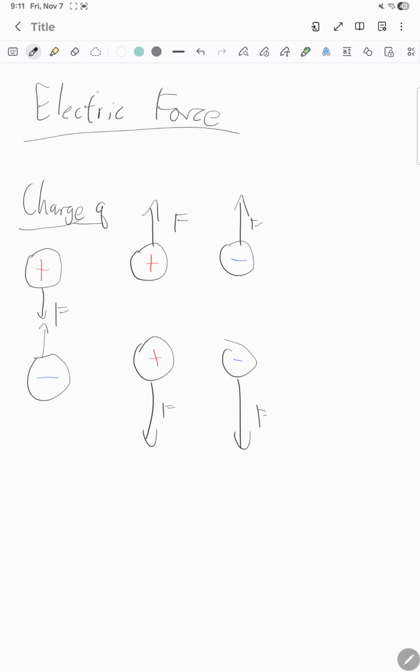In problems they will give you certain charges, but they could sometimes give you an electron or a proton. In a problem, we could say this is 1 microcoulomb, or this is 2 microcoulombs. The most fundamental unit of measurement of charge is called the coulomb.